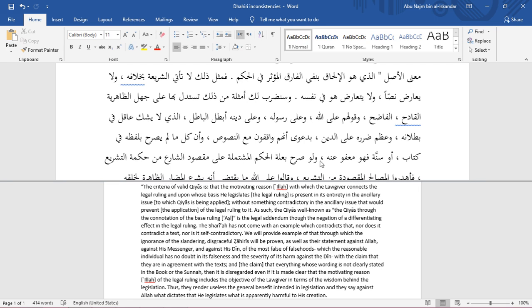That is not clearly worded in the Quran and Sunnah, so they disregard it. Okay? Anything not specifically stated in the Quran and Sunnah, they reject it. They disregard it. Doesn't count.